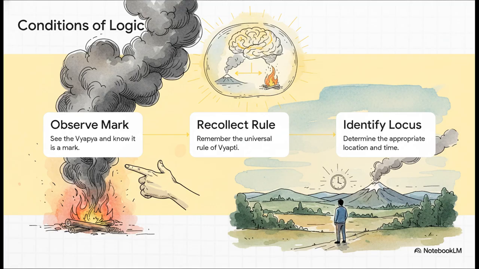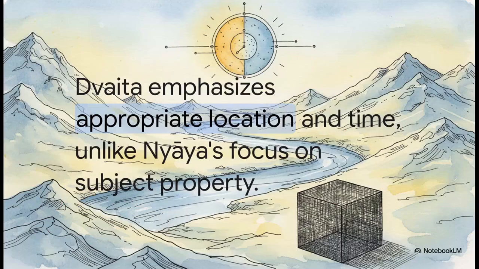Step 2, recollection. Just passively seeing smoke isn't enough to trigger logic, is it? The observer must actively remember the universal rule, the vyapti, that smoke implies fire. And step 3, identify the locus, the setting. You have to recognize that the mountain you're looking at is the exact stage where this smoke and fire relationship is currently playing out.